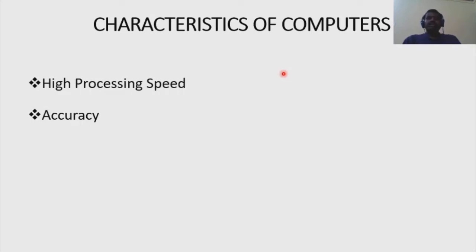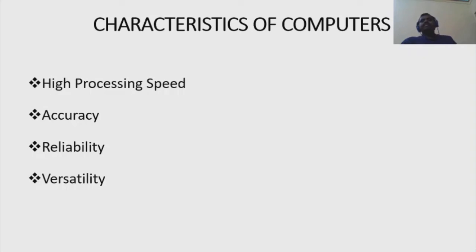That's why we use computers in modern technologies such as missiles, defense systems, satellite launching vehicles, and different areas where we use computers because of their accuracy. Then we come across versatility.